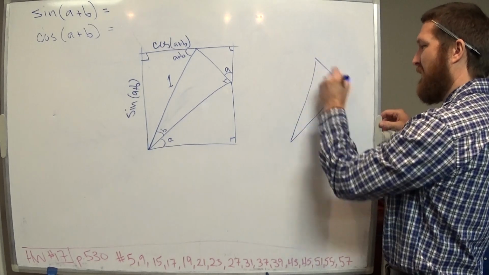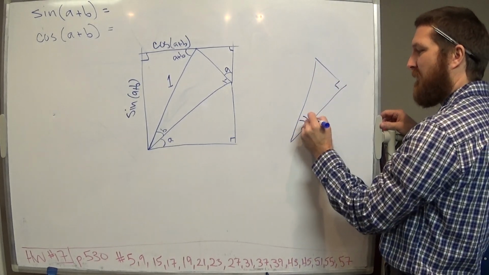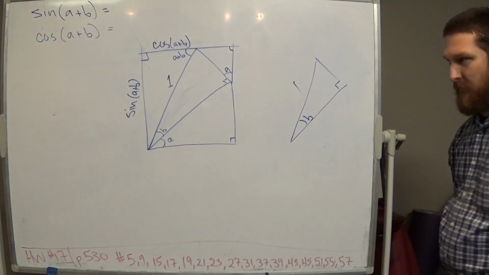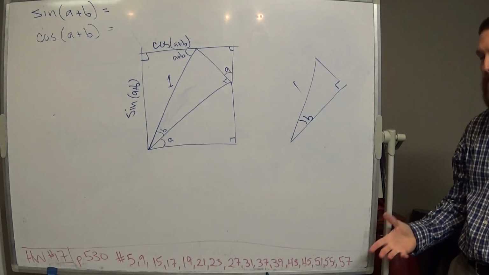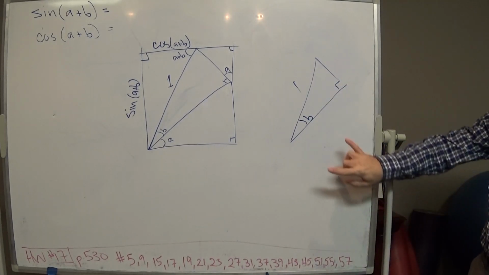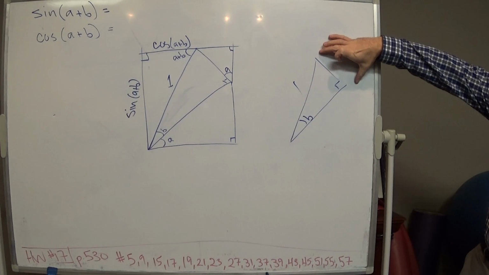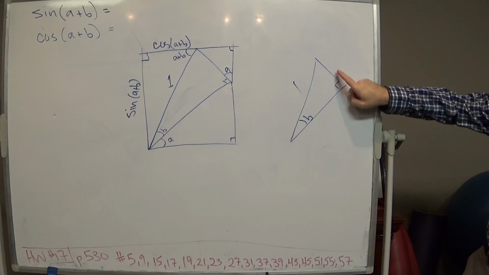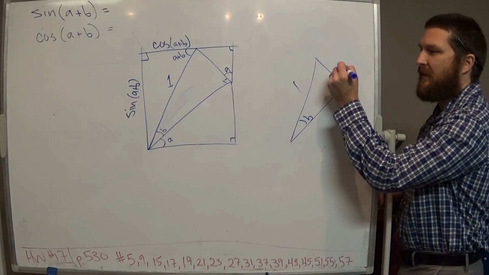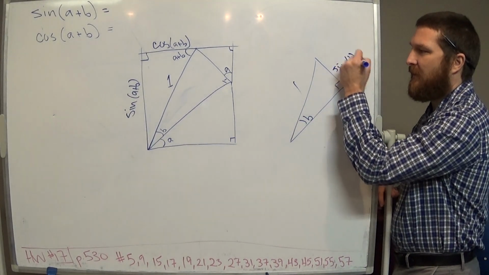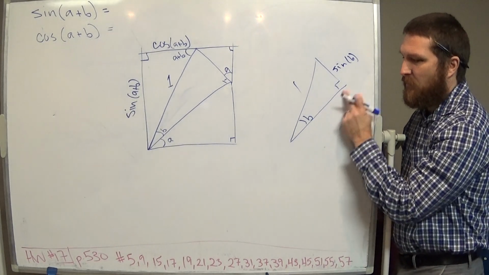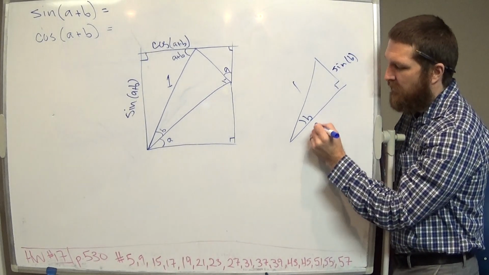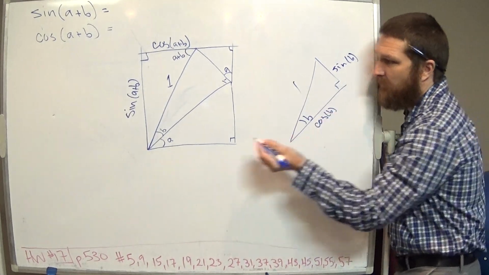It's just a little wonky, right? If this is B and that's 1, this is why we're using this one first, because it has 1. So what's this length right here in terms of B? Sine, because opposite over 1 is sine B. And then this one is cosine B.